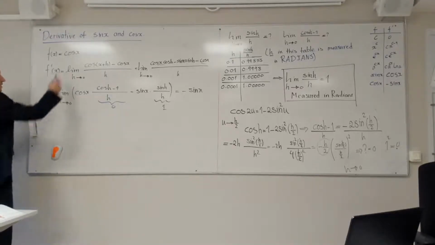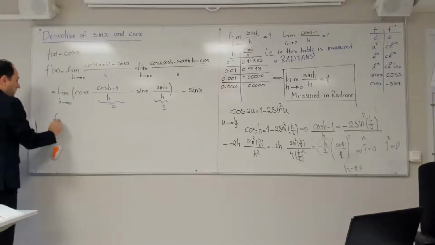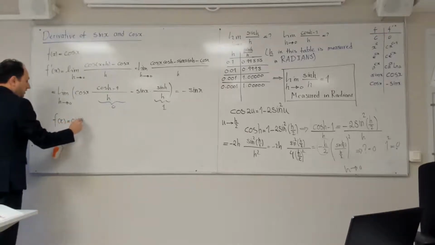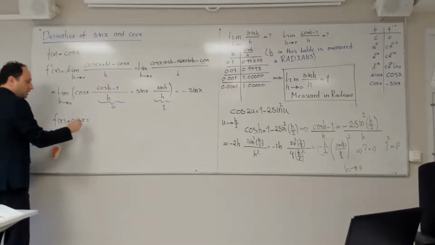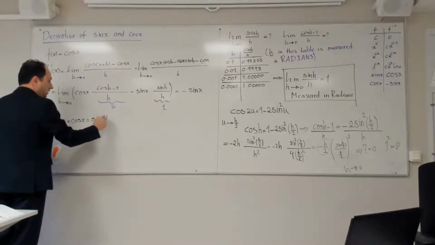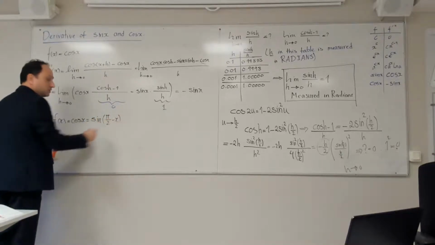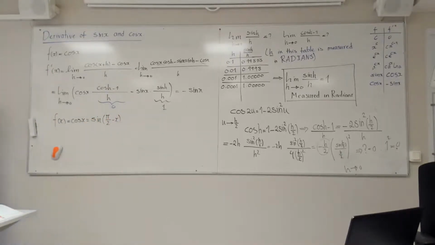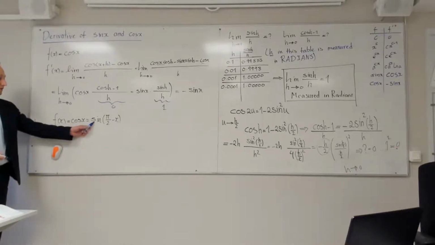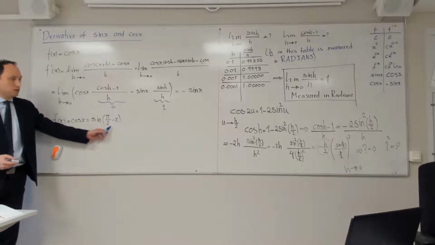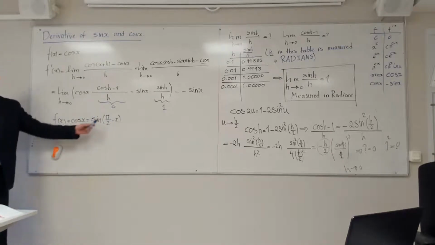So if you have that idea, exactly. So f of x is cosine of x. Do you agree that instead of cosine of x, I can write sine of pi over 2 minus x? This is the same thing. But I don't have any problem with differentiating sine, unless I have something in front, but the chain rule will solve my problem for this one, yes?